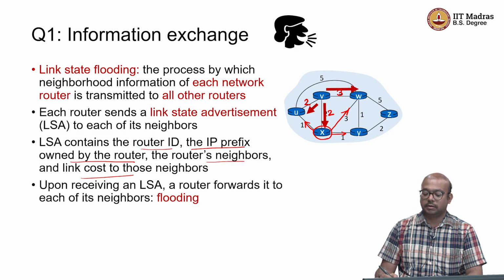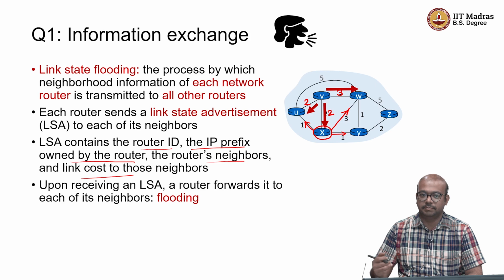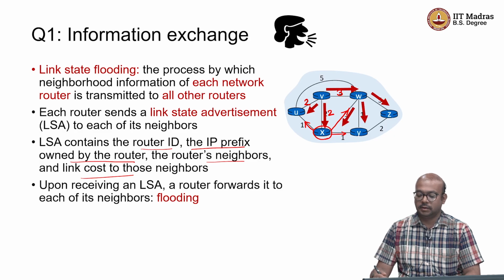So that is how every message is sometimes replicated and sent out to all possible nodes in the network, making sure that every node in the network has a copy of each message, and then they can stitch them together to estimate the global network graph, okay. So W does the same and so on.